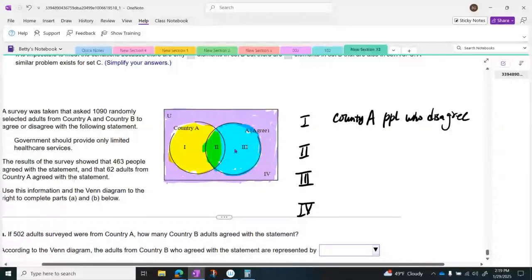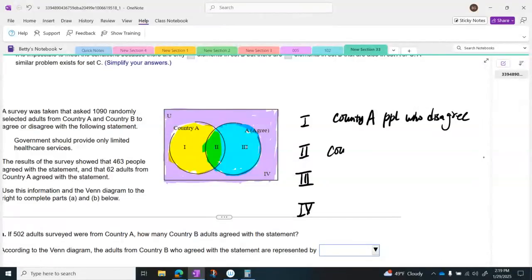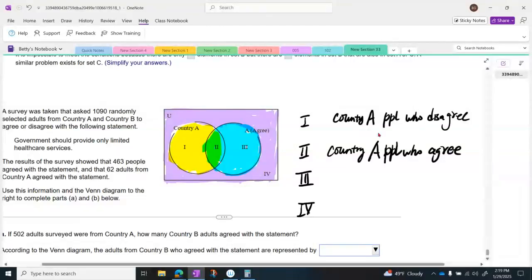Blue circle are people who agree. So since region 1 is outside the blue circle, they do not agree, they disagree. And region 2 are from country A. Yeah, they are country A people who agree, right? Because they are the overlapping part of the two sets.